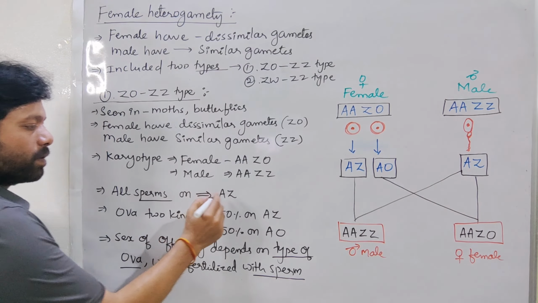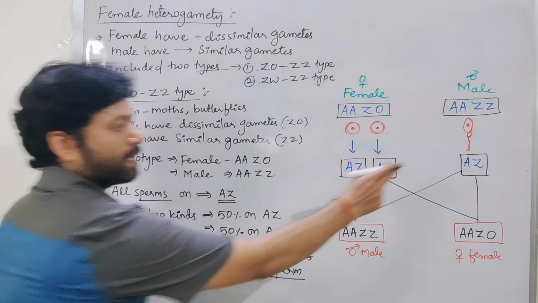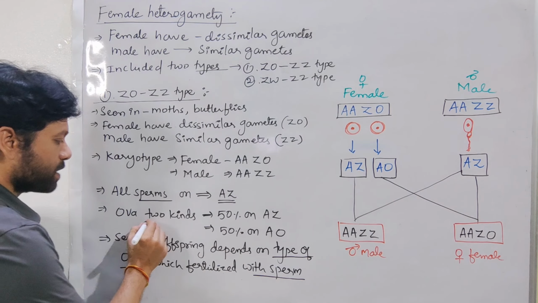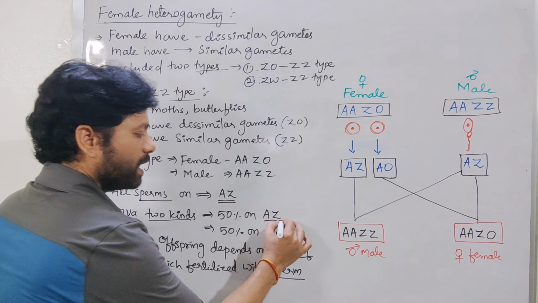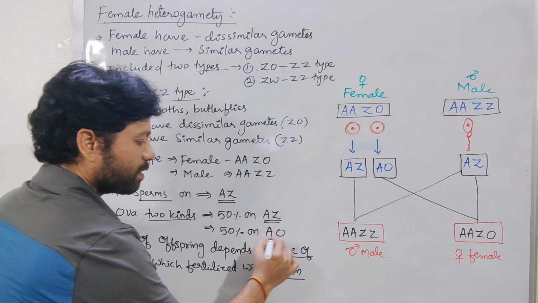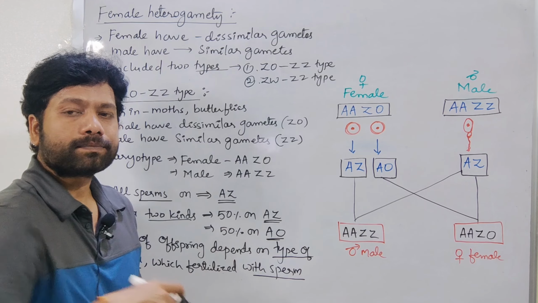So all sperms are AZ, similar. Here the ova are of two kinds, 50% AZ and 50% AO. So that is right.